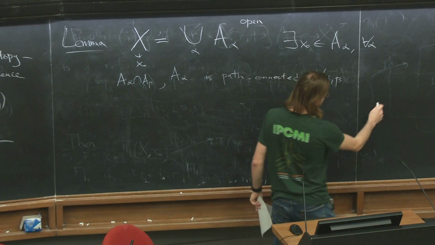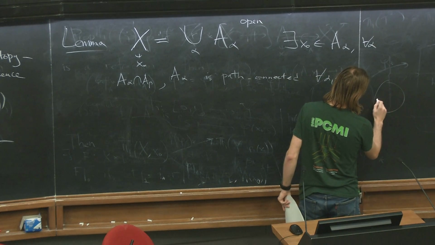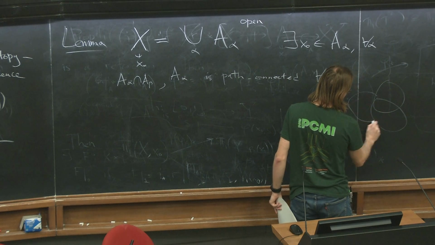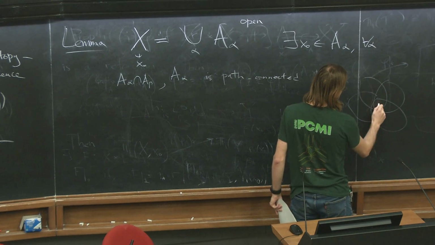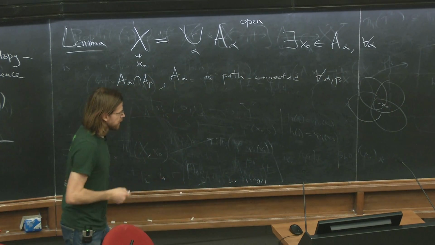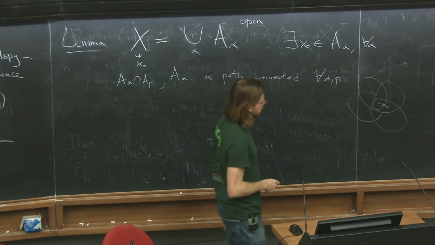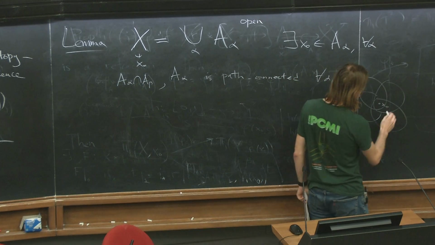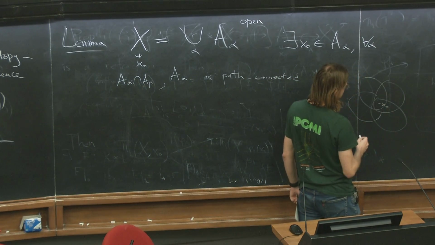Schematically, you have a bunch of A's which cover everything, and they contain some common point, and you also want all the intersections to be path connected.